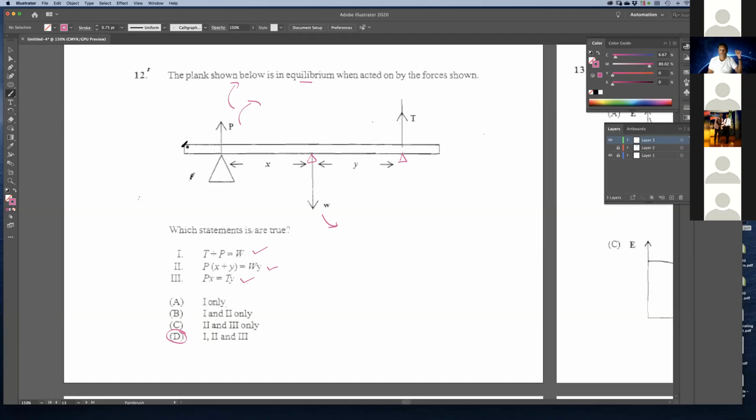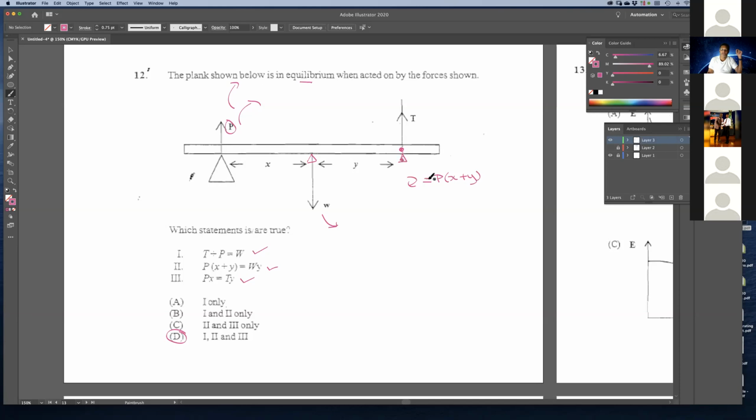All right. Anybody want clarification? Yeah? You can explain how P into X plus Y is equal to WY. I don't understand how that one is correct. Sure. If I took moments about here, what will be the clockwise moments? The clockwise moments will be P multiplied by this distance, X plus Y. Again, we're taking moments about here.